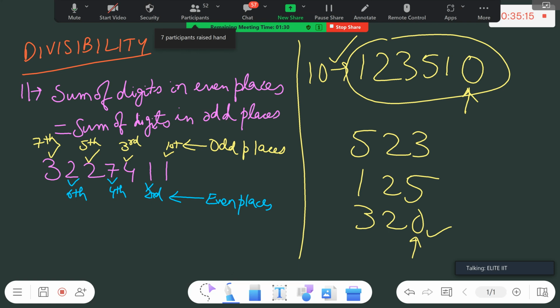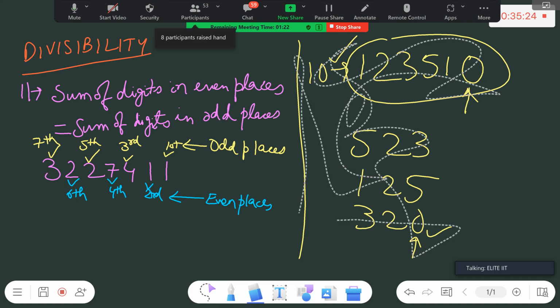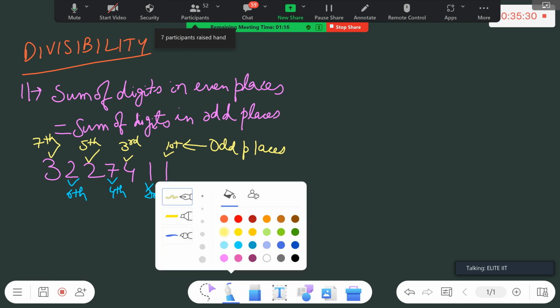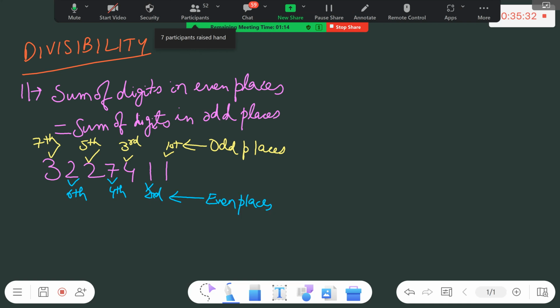So, what is the sum of the digits in odd places? 10, sir. Let us see. The sum of the digits in odd places.